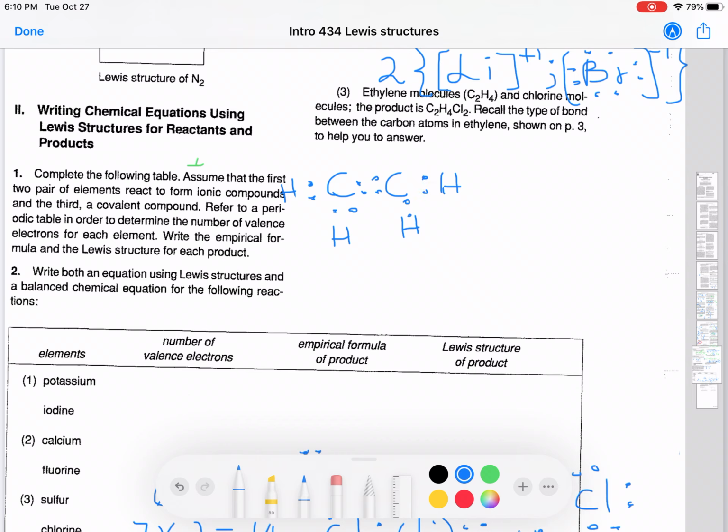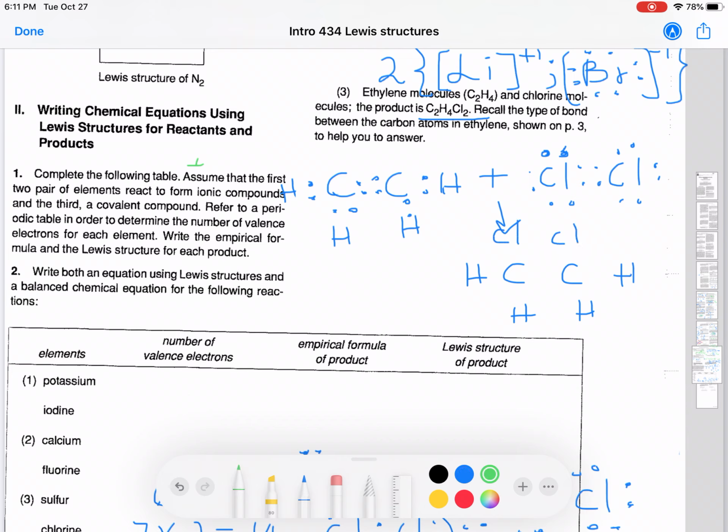And this is going to react with chlorine. Chlorine going to be like this. And then together, now the two chlorine atoms are going to attach to the two carbons. It's going to form C2H4Cl2, chlorine, chlorine.